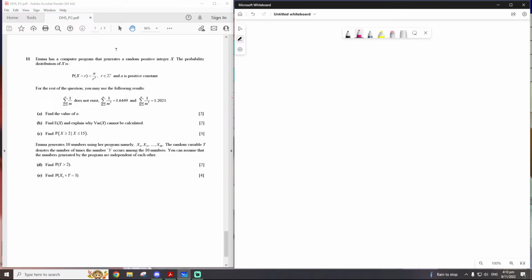Find the value of A. Okay, this one should be quite simple. We want the sum of all probabilities to be equal to 1. So we are taking basically the sum of 1 over m cubed times A equals 1. So therefore A is just equal to 1 divided by the sum of 1 over m cubed all the way to infinity.